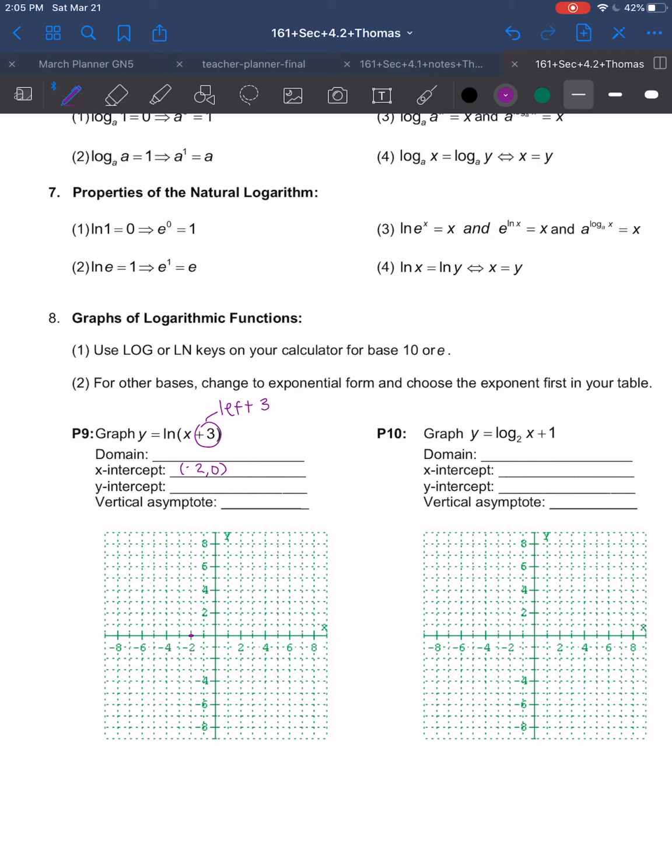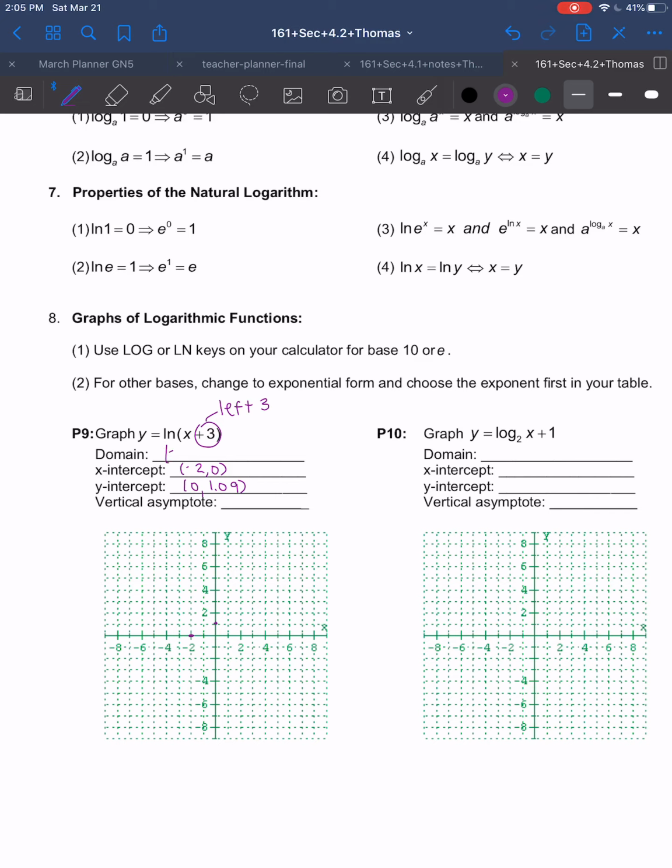The y-intercept is going to be some weird number, but we'll just plug in 0 for x. If you plug in 0 for x, you get 1.09. So basically 1. And your domain is going to be 0. Nope, not 0. I lied.